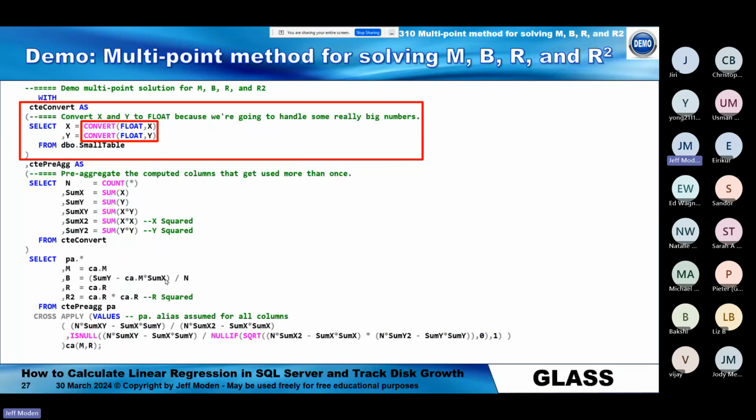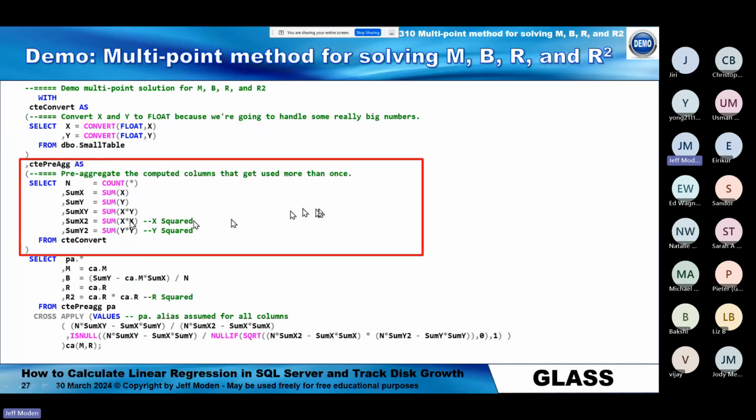Again, we convert X and Y to float, and we're pulling from the small table, the 5-point small table. If we look here, this is where the workhorse is. Okay, we are doing an extreme dry out. We are calculating N, the sum of X, the sum of Y, the sum of XY, which is the sum of X times Y, sum of X squared.